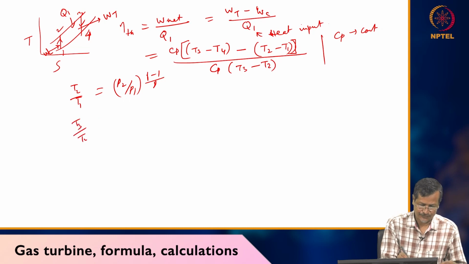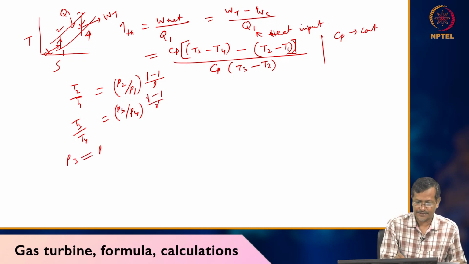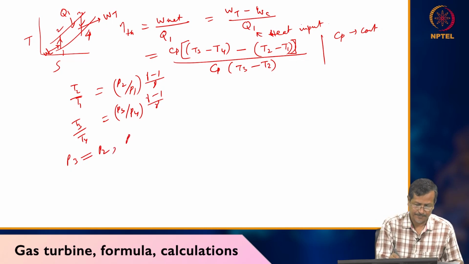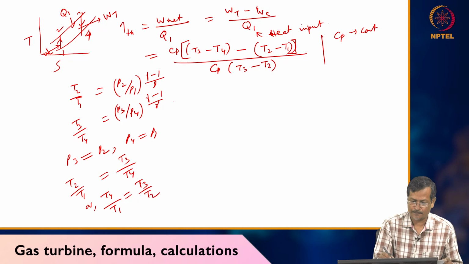T3 by T4 equals (P3 by P4) to the power (gamma minus 1) by gamma. P3 equals P2, the same constant pressure line, and P4 equals P1. So T2 by T1 equals T3 by T4, or T4 by T1 equals T3 by T2.